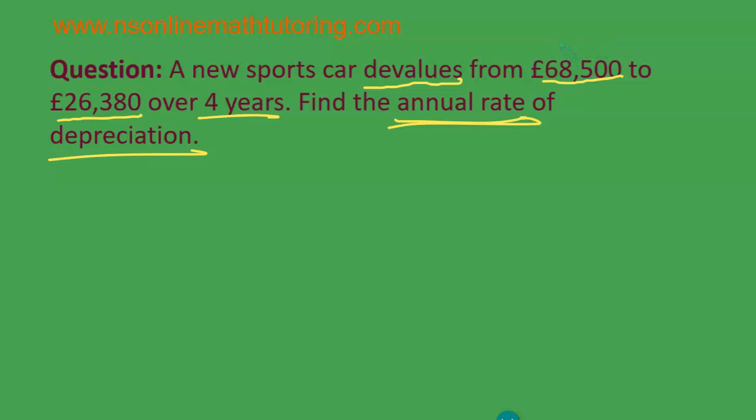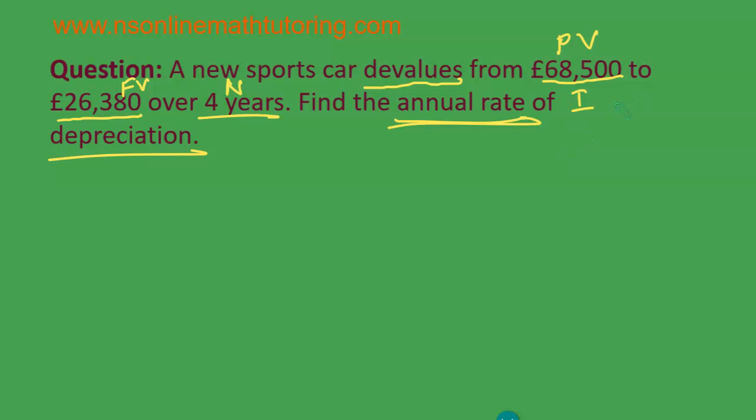This is the present value. This is the future value. This is the time, that is N for finance solver, and we have to find the annual rate, which is I in the case of the finance solver.